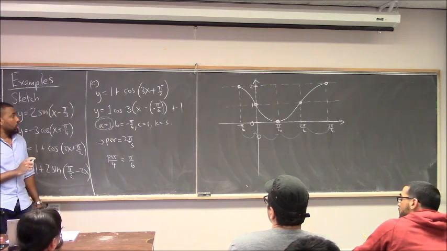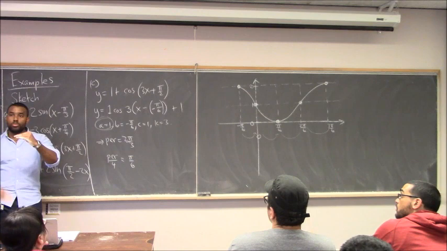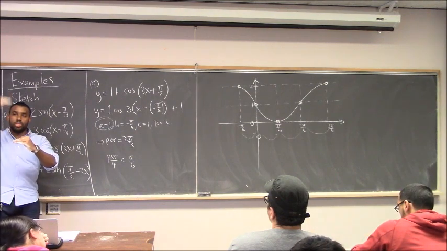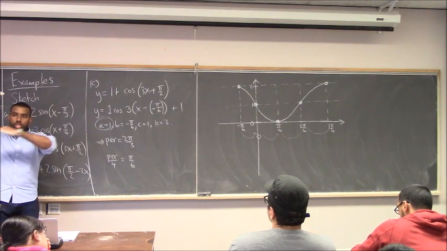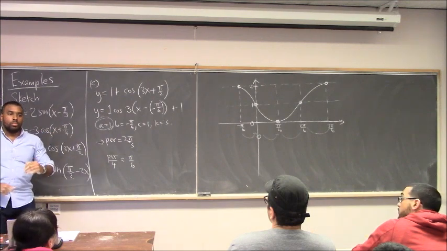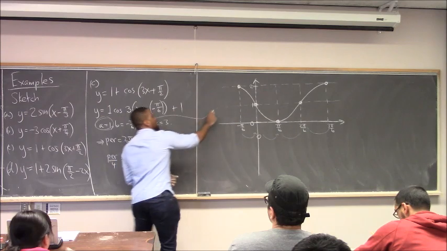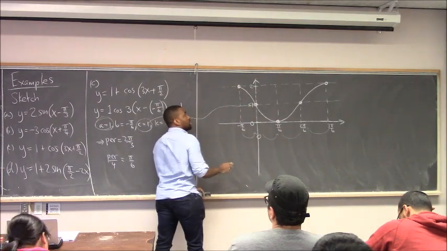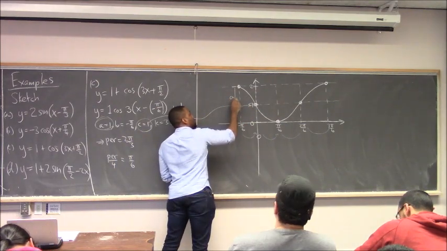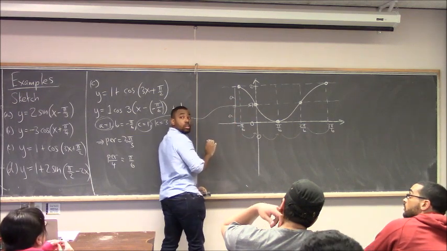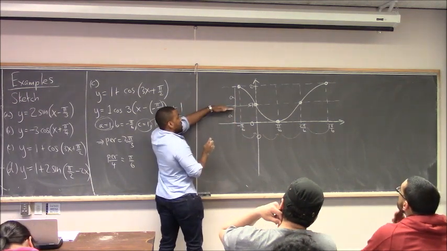Amplitude is 1. The amplitude is how much you go up and down from the baseline. The amplitude defines the height from the baseline, which is the center. Right? So my C was 1. That tells me I start here. That's the C. The A is how I move up and down from the C. So I start at the level of 1.